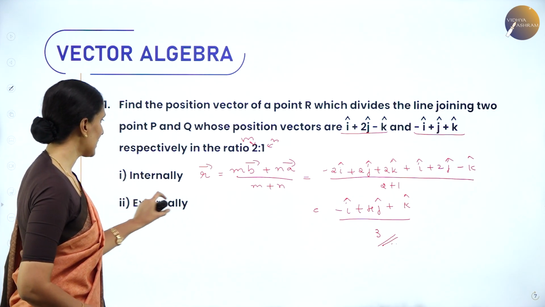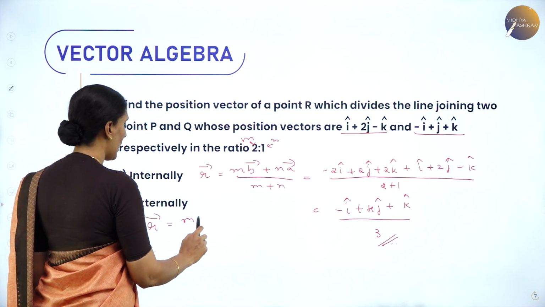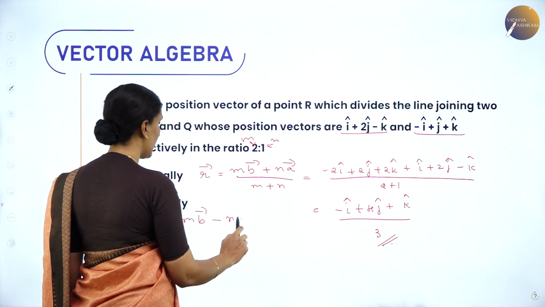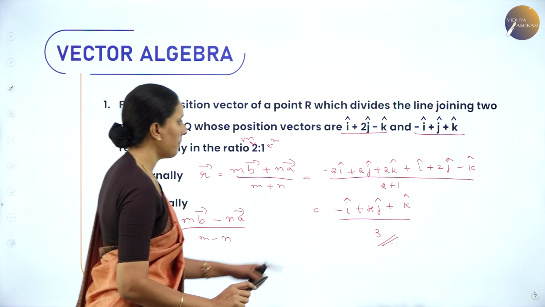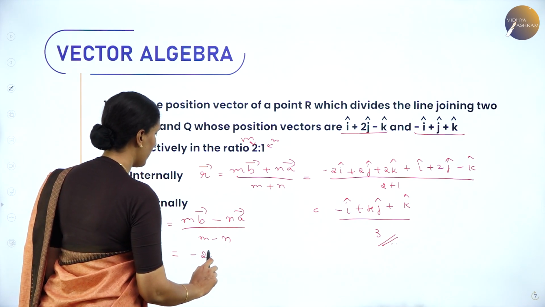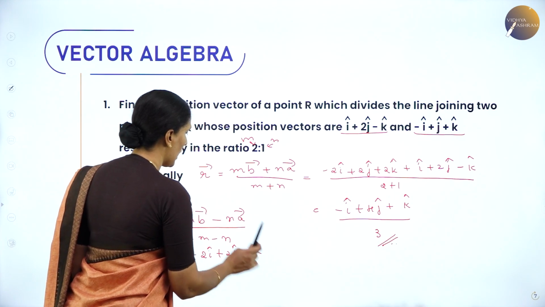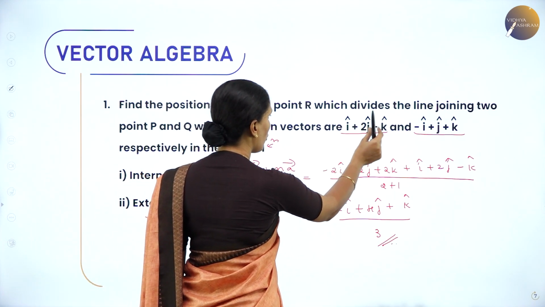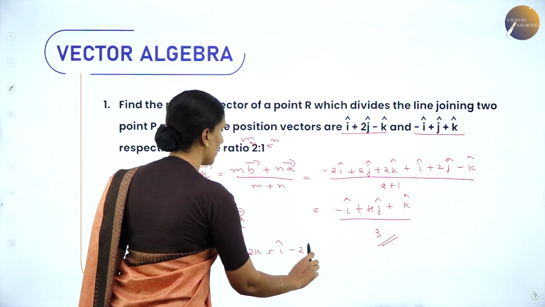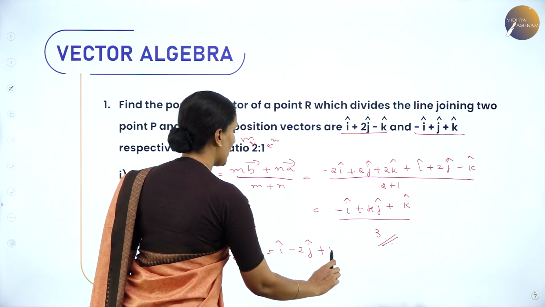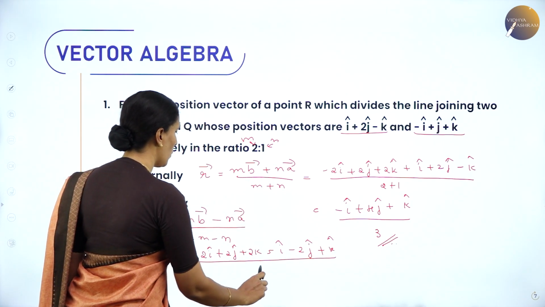Now if we consider the external condition, vector R is equal to mB minus nA divided by m minus n. So mB is minus 2i plus 2j plus 2k, minus vector A. Minus of vector A means minus i minus 2j, and minus of minus k becomes plus k, whole divided by 2 minus 1, which is 1.